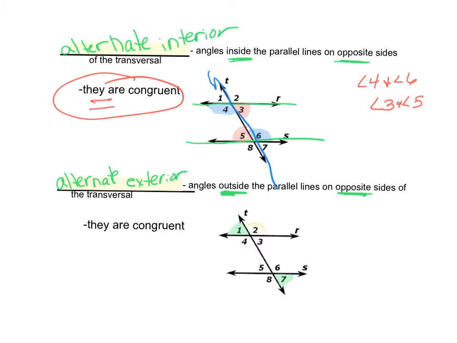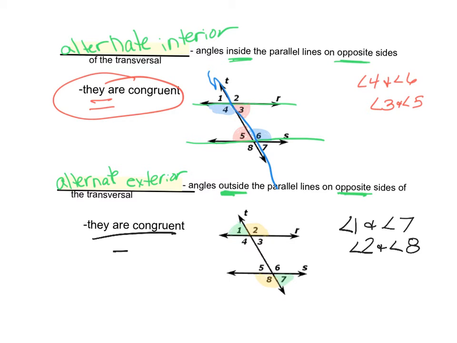So then I'm left with angle 2, which is definitely an exterior angle, and its alternate exterior would be on the other side of the transversal. So 2 is to the right of my transversal, so I need to look to the left of my transversal on the outside. So my alternate exterior angles are angle 1 and angle 7, and angle 2 and angle 8.